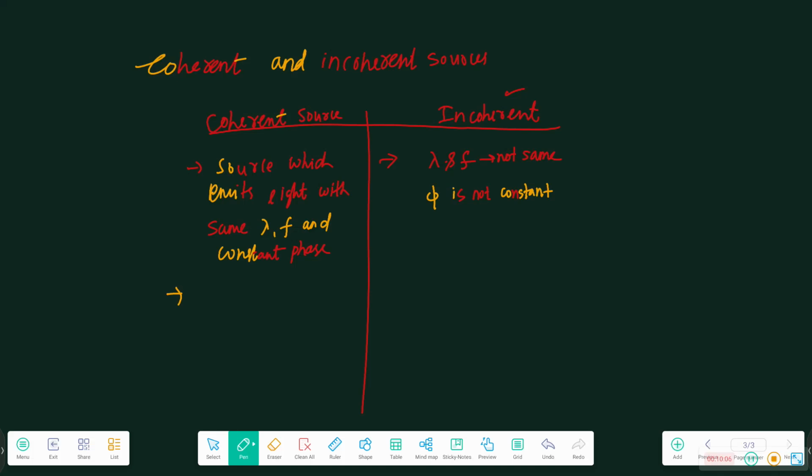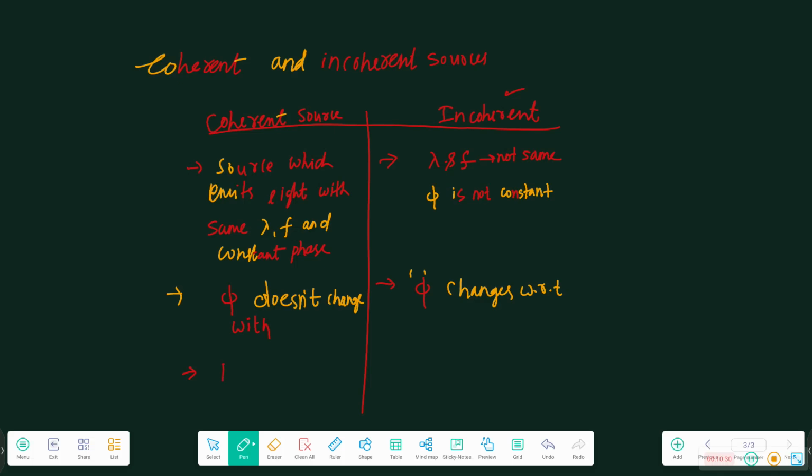Now another point, suppose you want to write here: phi does not change with t. Phi does not change with t. But here phi changes with respect to time. Phi means phase. So be careful about this one.